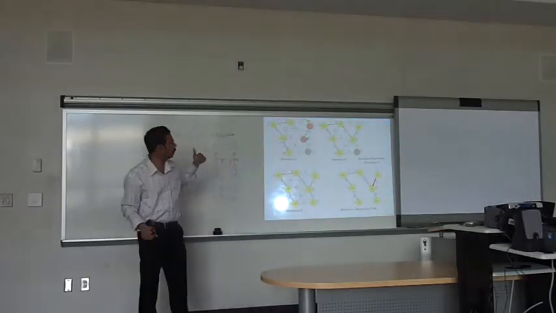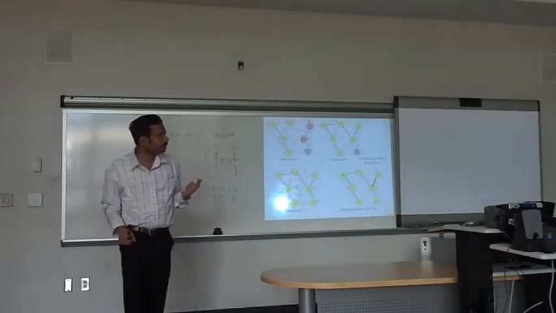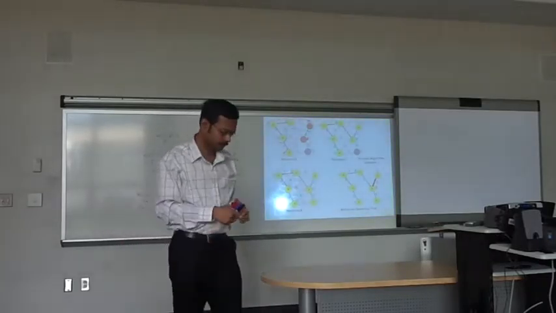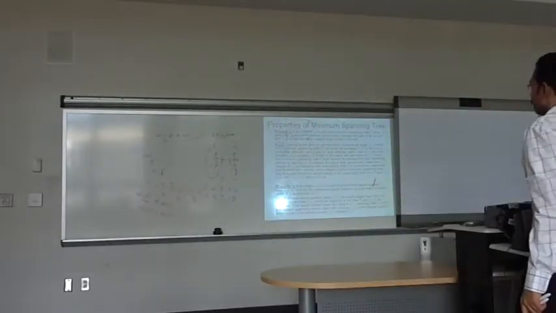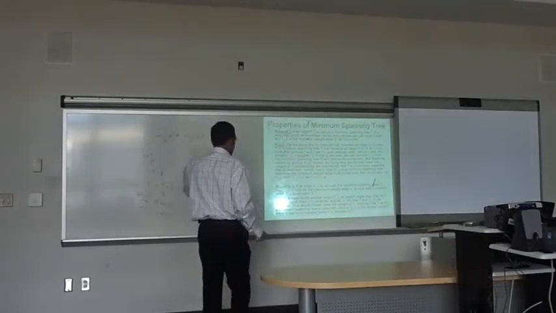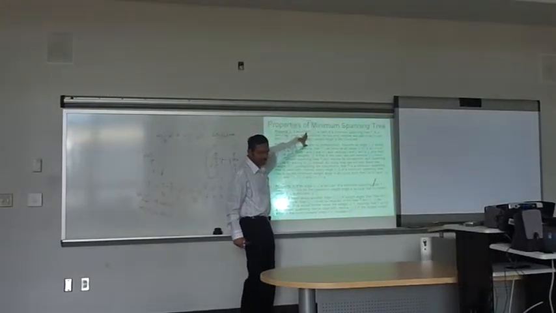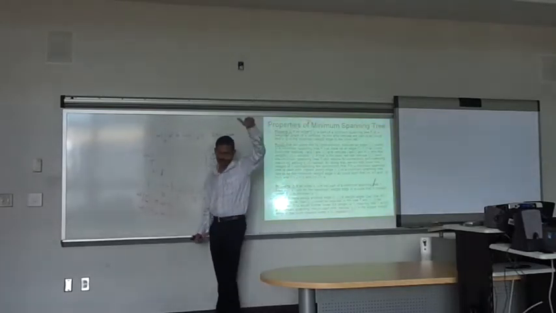Very similar proof. You pick something that is greater than 5. Okay? So what we want to prove, if an edge ij is part of a minimum spanning tree, then that ij is a minimum weight edge in that cut set.